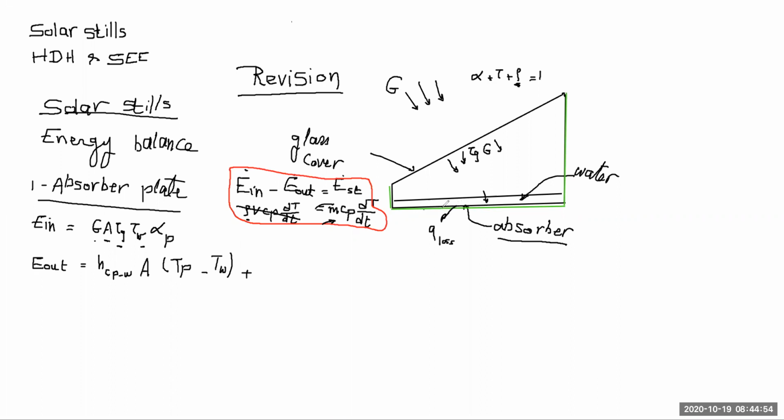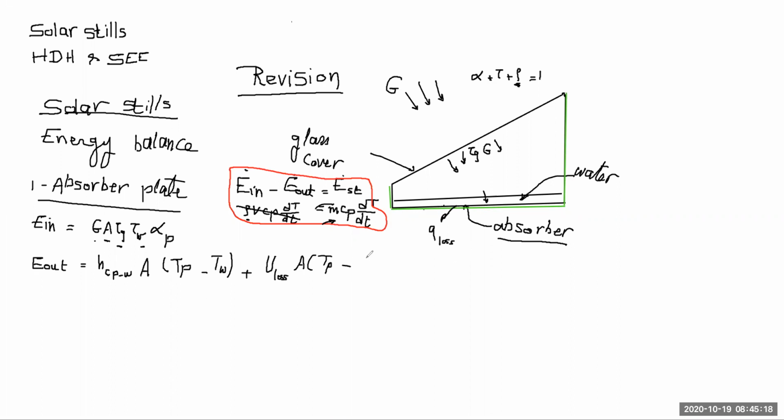The energy that will transmit by conduction to the insulation is going to be transmitted by convection from the insulation to the surroundings. So I can put it this way: it is the overall heat transfer coefficient of the loss into the area, into the temperature of the plate minus the temperature around it.